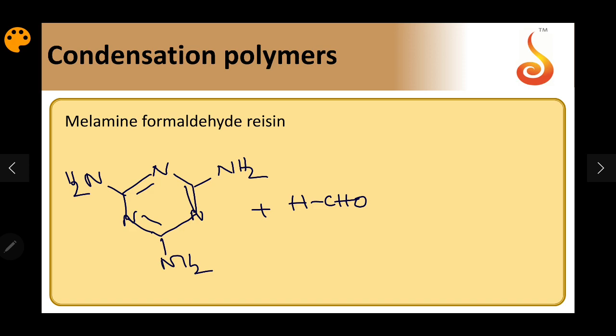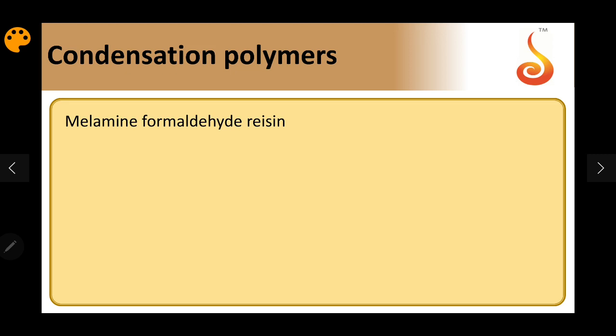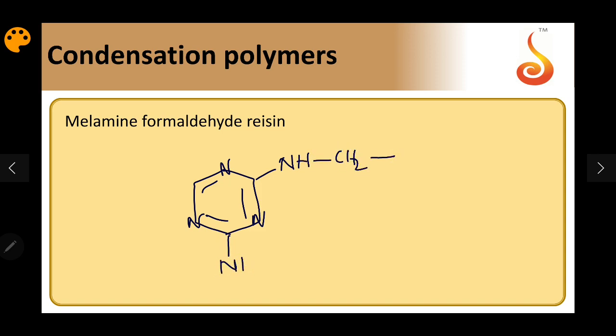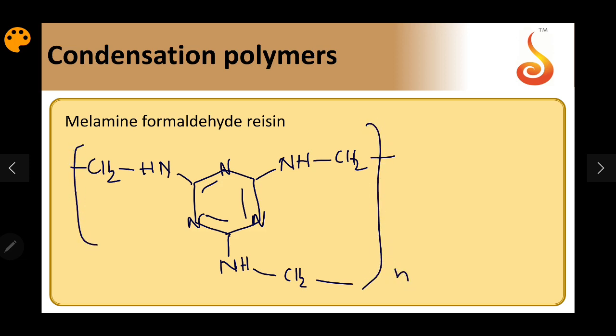So all NH groups can be attached to CH2 groups. So it can form a polymer in this fashion. So NH CH2, this also can go NH CH2, NH CH2. So this can repeat in 3 dimensions.